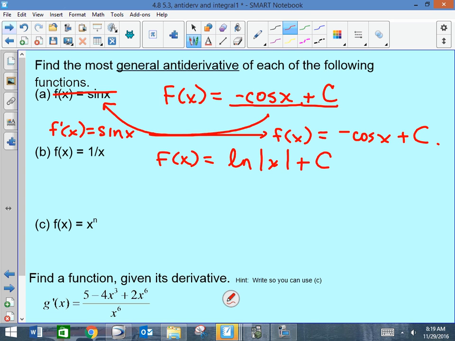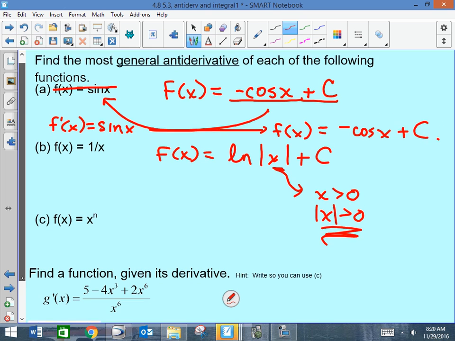Rarely does that come up when we're doing derivatives, but now it's going to come up when we do antiderivatives, because it's going to make a difference. So remember what we have to remember about this one: x has to be greater than 0, so the absolute value is always going to ensure that, because absolute value is always greater than or equal to 0.